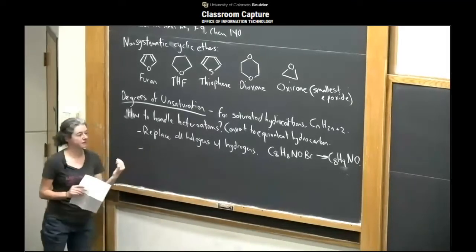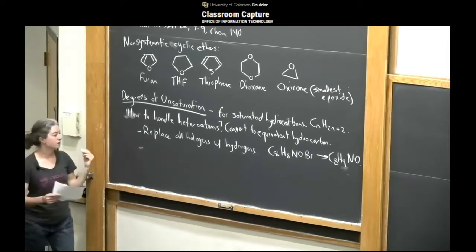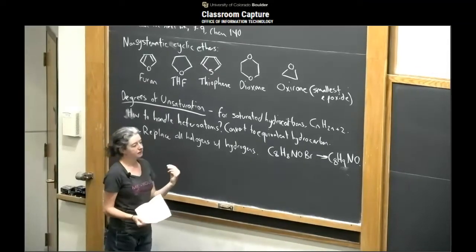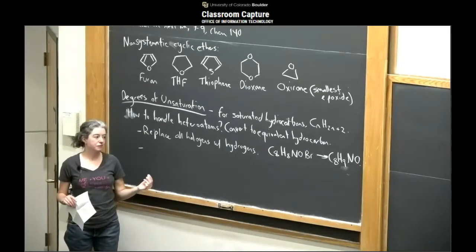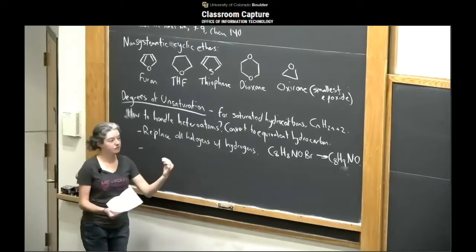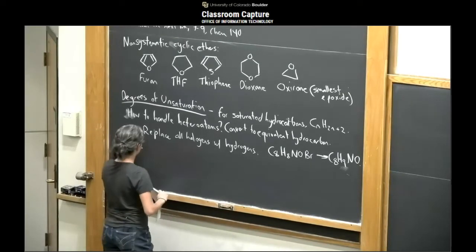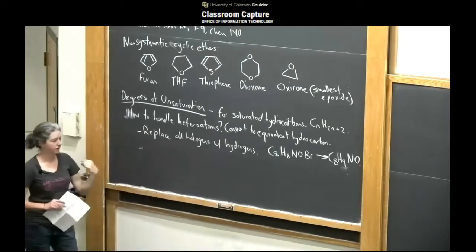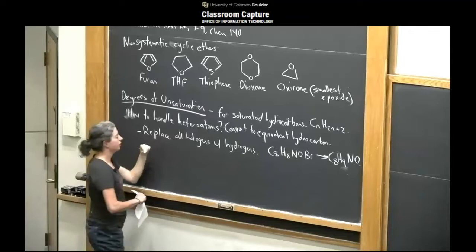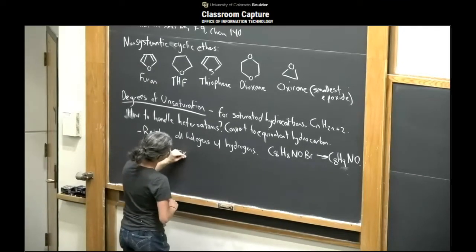The next step is oxygens. Oxygens have a total of 2 bonds when they're stable and neutral, which means you can have a bunch of oxygens in your formula and not actually change the degrees of unsaturation. Let me write the rule first and then I'll show how that works structurally. Pretty much we can drop all the oxygens.